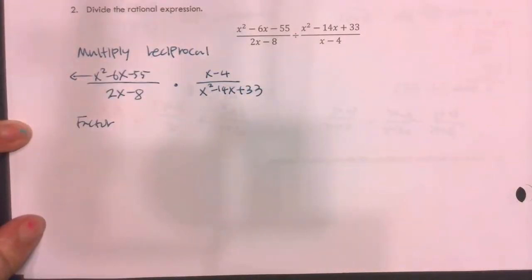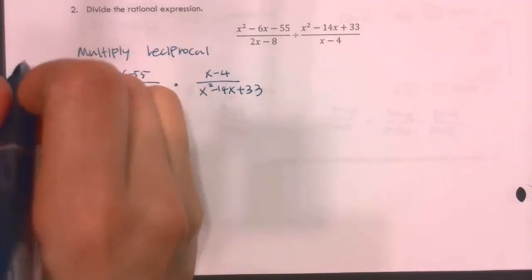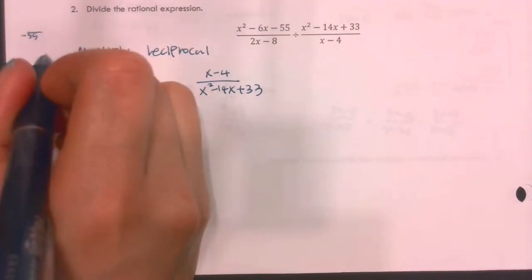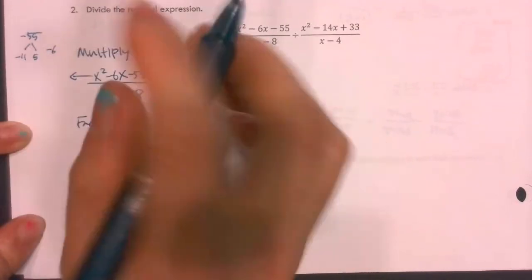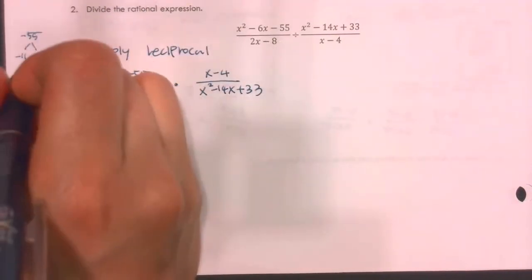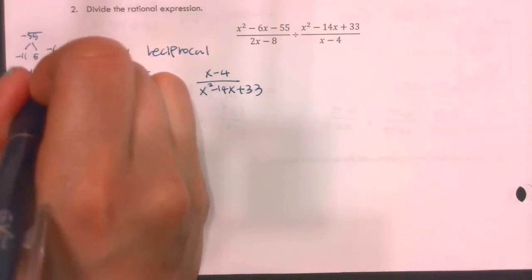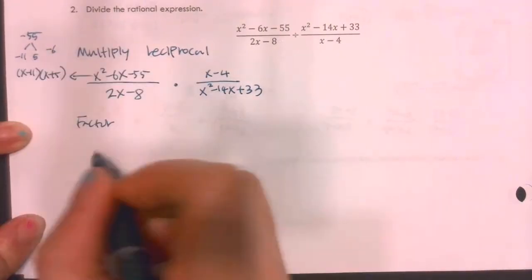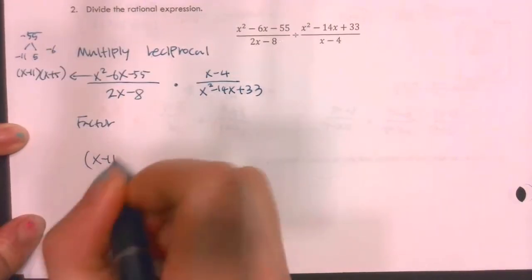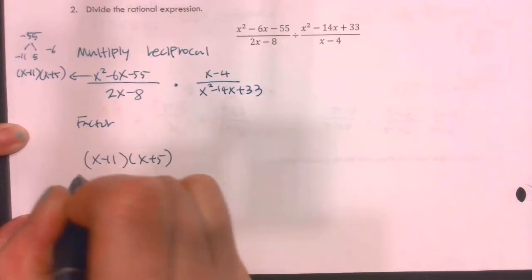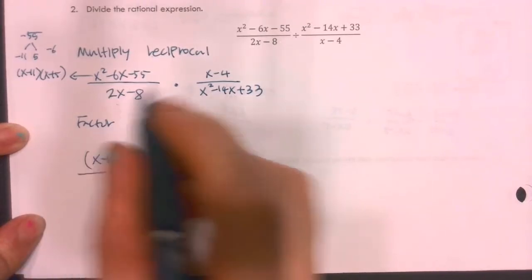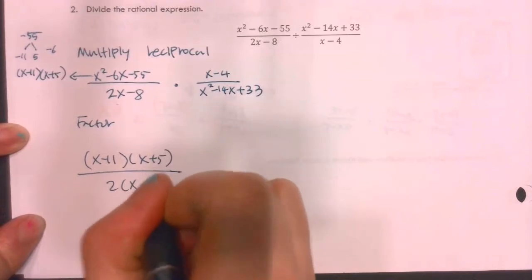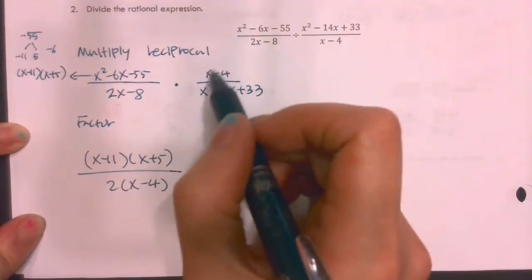X squared minus 6x minus 55, trinomial, ACB chart, GCF is 1. Multiply to negative 55, add up to negative 6: negative 11 and 5. A is 1, so I can take a shortcut. It'll just be x minus 11, x plus 5. What about the denominator? How do I factor 2x minus 8? GCF is 2. X minus 4. How do you factor x minus 4?